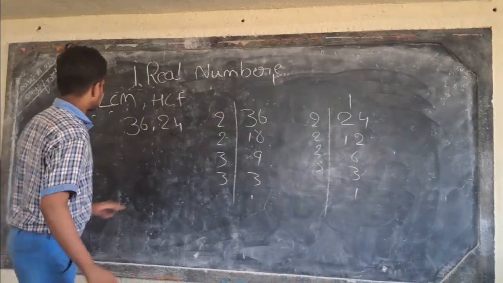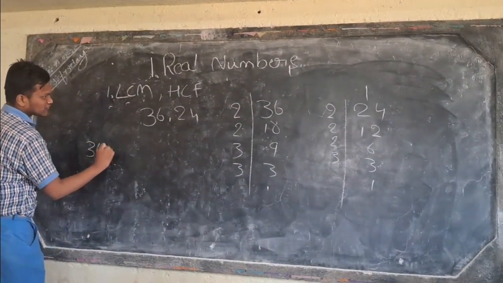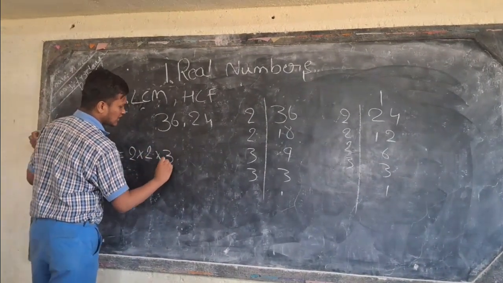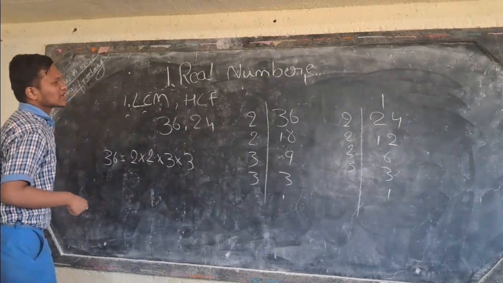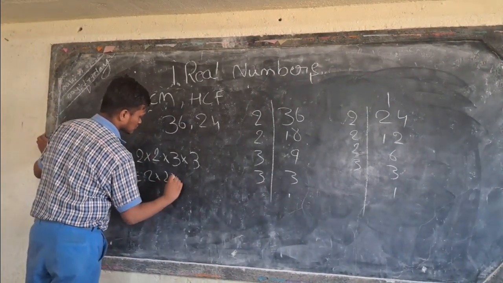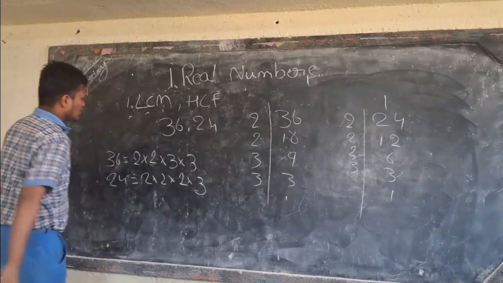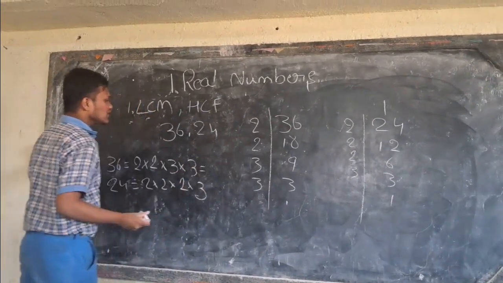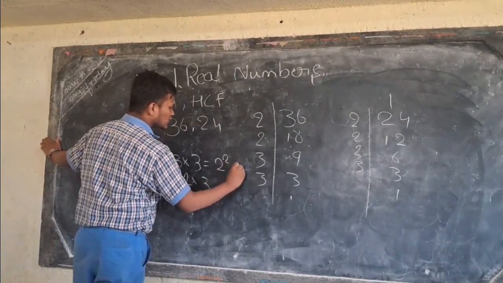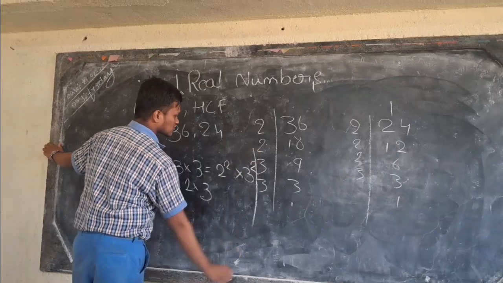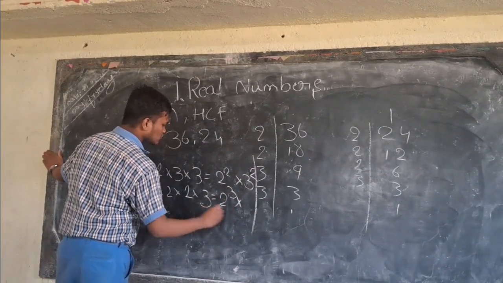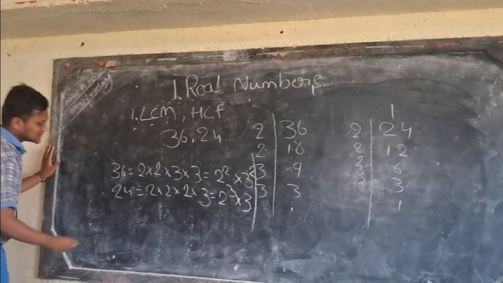Then factors of 36 we have to write here: 2 into 2 into 3 into 3. Factors of 24: 2 into 2 into 2 into 3. Then write this in the fundamental theorem of arithmetic manner, like 2 square into 3 square. And this, 2 cube into 3.